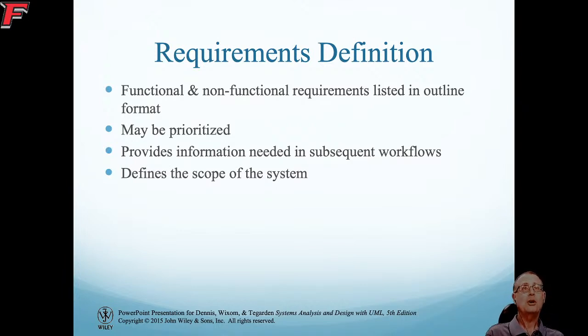One thing that the requirements definition should do is it defines the scope of the system, but sometimes even more importantly, it defines what's out of scope. If you explicitly state things that you're not going to do, sometimes that helps the stakeholders understand what they're going to get.